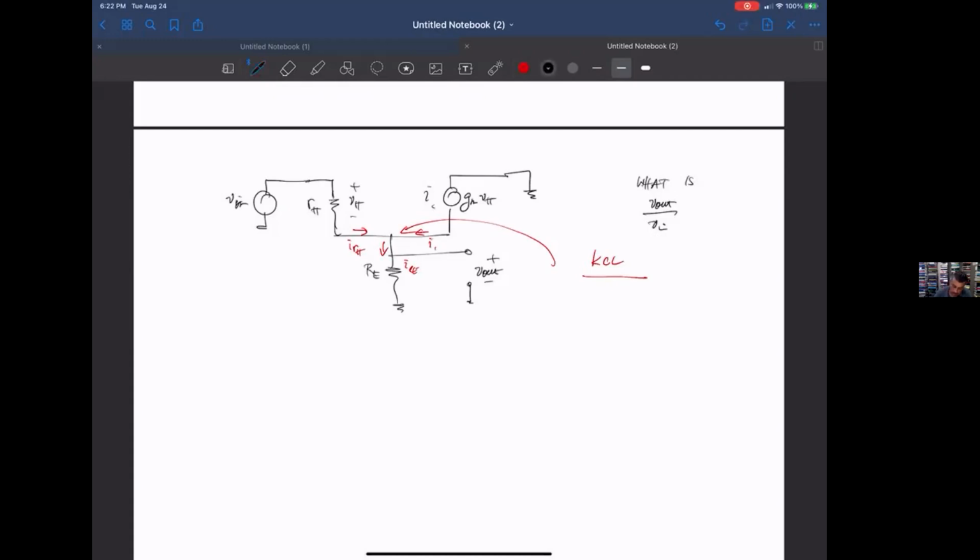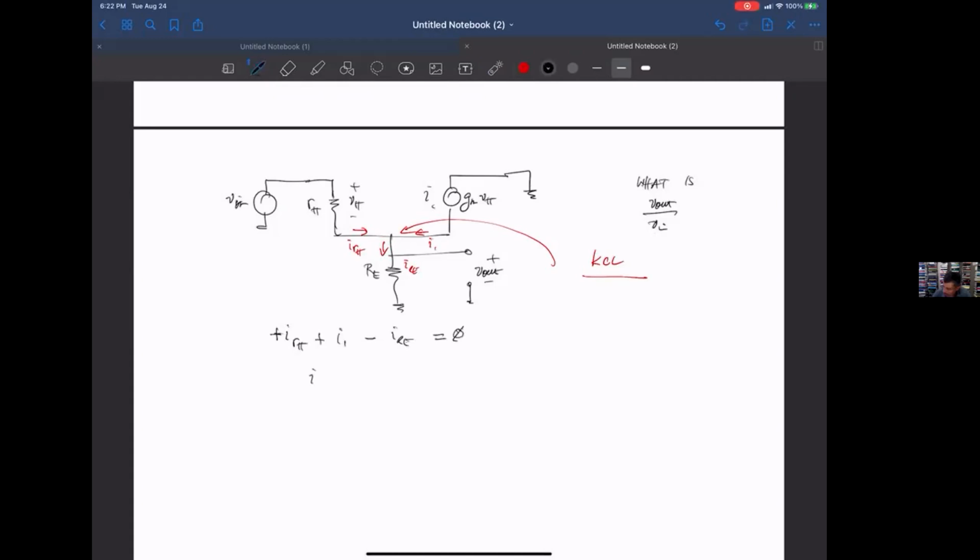So I'm going to write the KCL equation for there. As Elvis corrected me, we get I sub R sub pi plus I1 minus I sub RE, since I sub RE is coming out of that node the way I drew it, equal to 0.